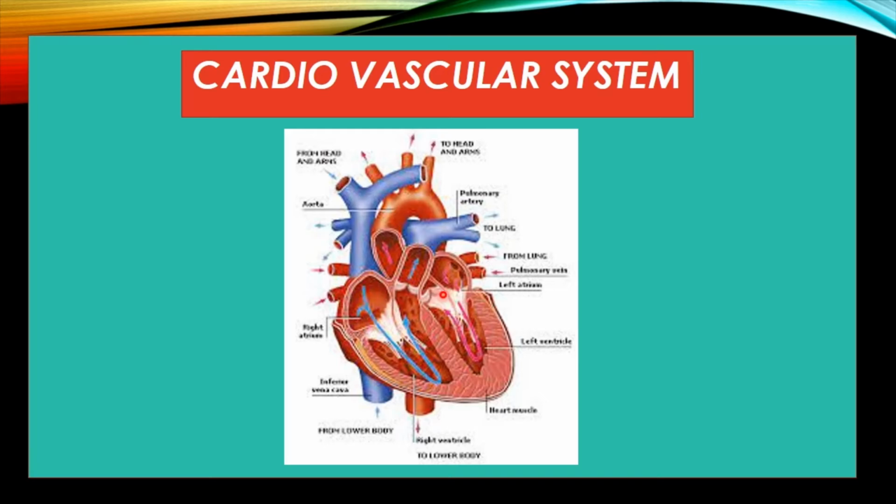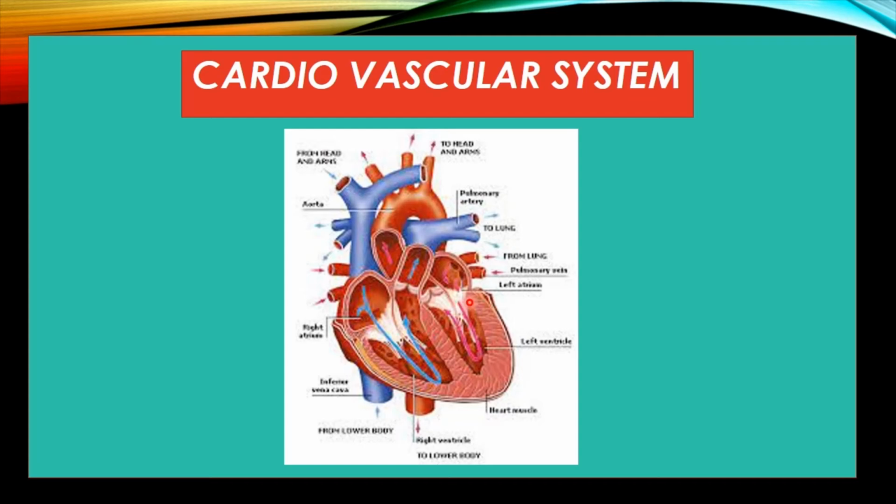See, this is the right ventricle, this is the left ventricle, this is the right auricle, right ventricle, left auricle, left ventricle. Now see, these two are connected by means of a hole. That hole is guarded by valves.